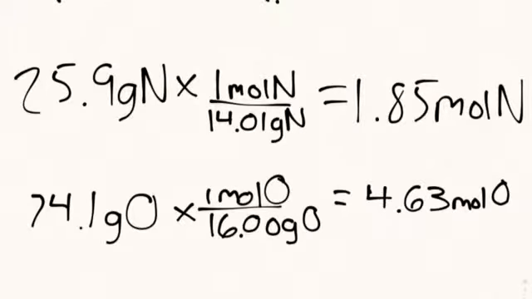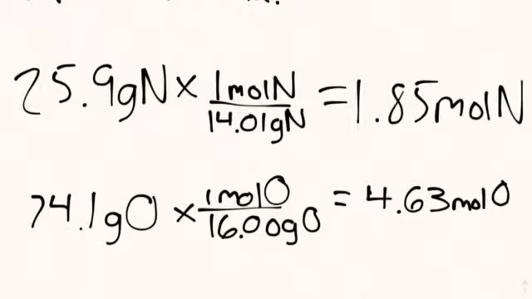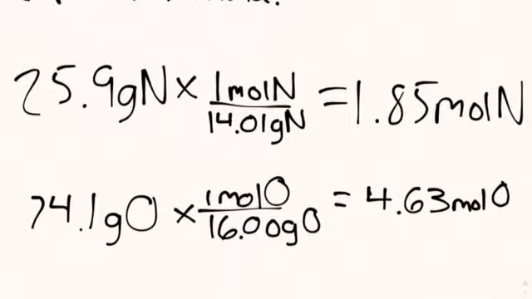The easiest way to do this is with dimensional analysis. We assume that there is 100 grams of the substance. In that case, there would be 25.9 grams of nitrogen and 74.1 grams of oxygen. We multiply that by 1 mole of each substance over its molar mass, which is 14.01 for nitrogen and 16 for oxygen.